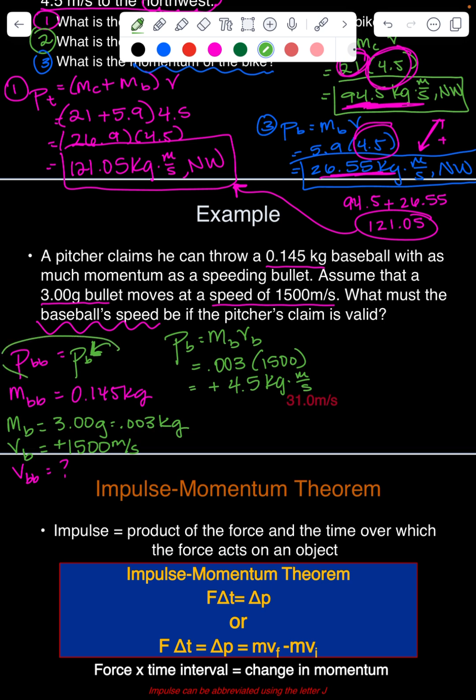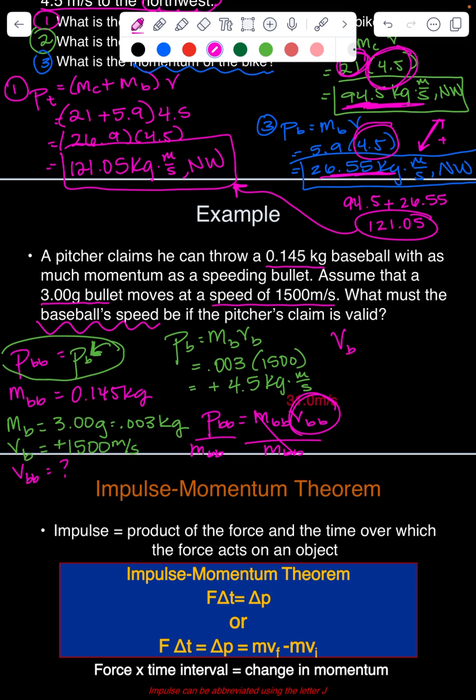Well, we know that the momentum of our bullet is equal to the momentum of our baseball. So we know the momentum of our baseball is equal to the baseball's mass times its velocity, and we know we're solving for that velocity. So to get rid of mass that's being multiplied, we are going to divide that mass on both sides. Again, the BB is baseball.